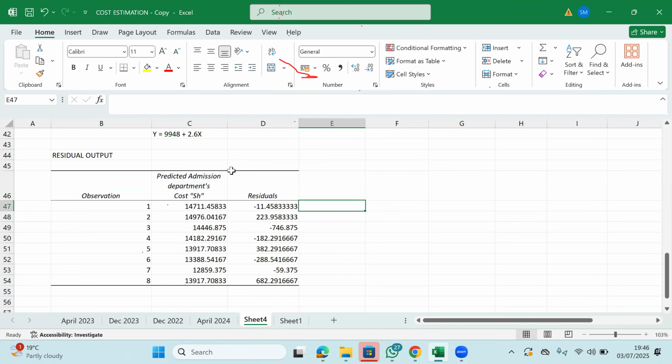In our residual output, you see we have observation, predicted admission department cost, and the residuals. And maybe this is where that label we selected comes into play, such that when you are doing your results, it gives you those labels over and over.